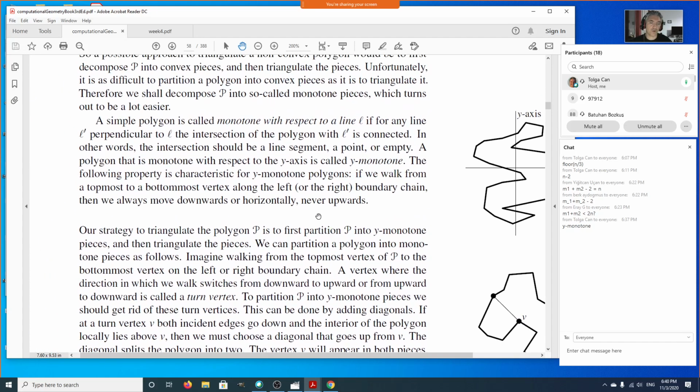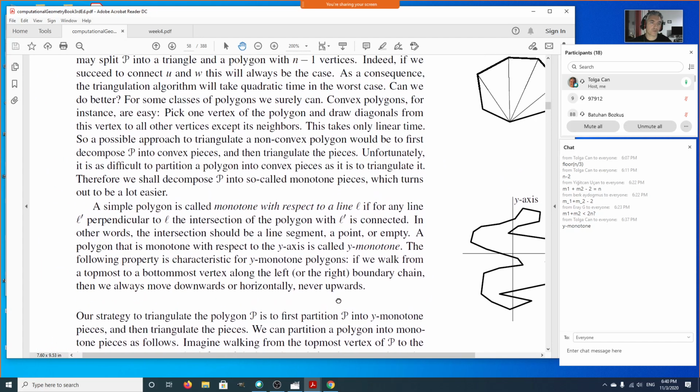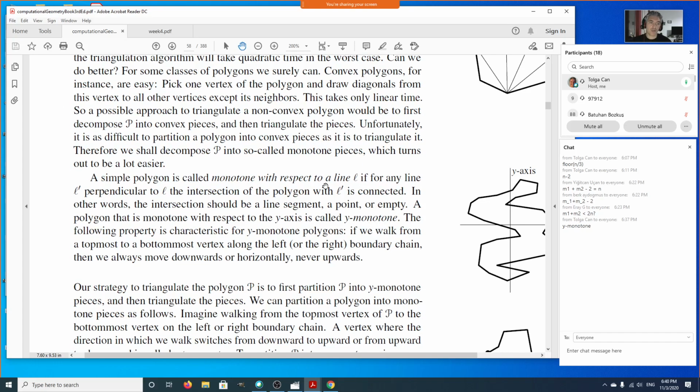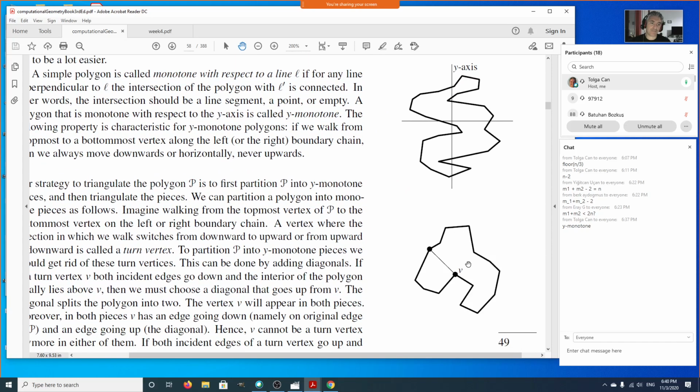So yeah, our goal will be, given a simple polygon, to turn it into y-monotone polygons first. This will be the first thing that we are going to do, and we will be using a plane sweep algorithm, just like in chapter 2. But first, we need to analyze how we can make a simple polygon, like this, for example, a monotone polygon.